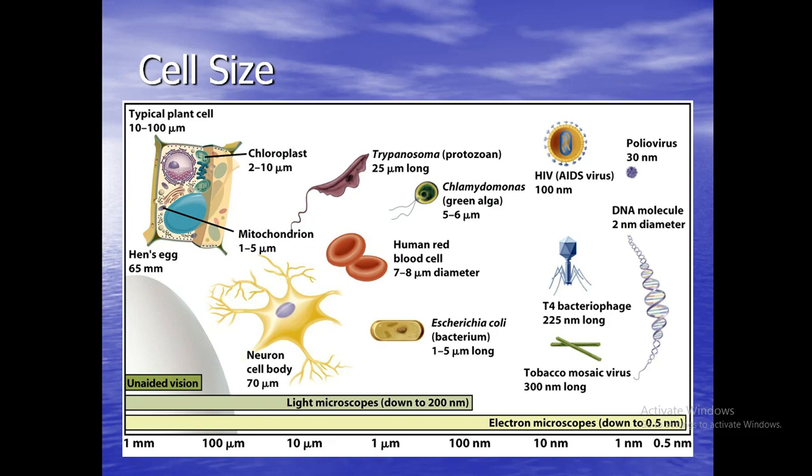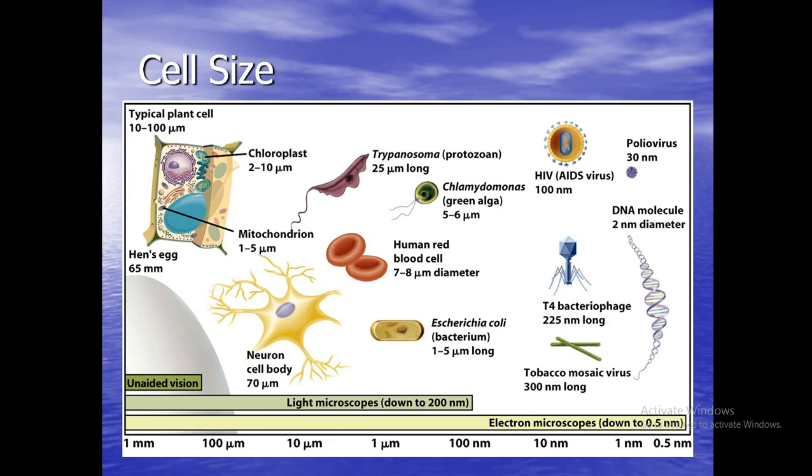Now, coming to the size of the cell, it varies. A typical plant cell will measure about 10 to 100 millimicrons.